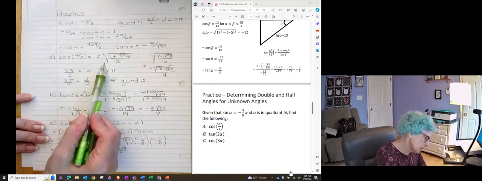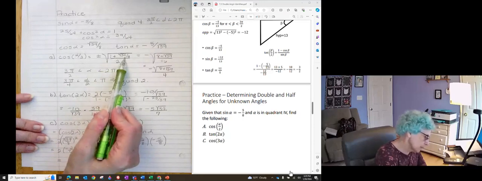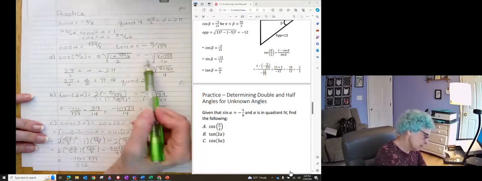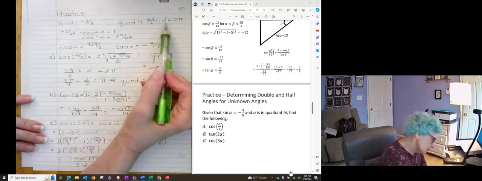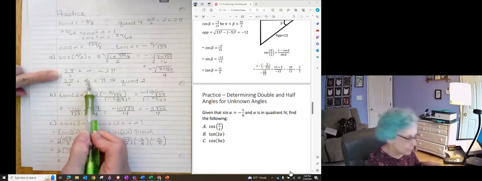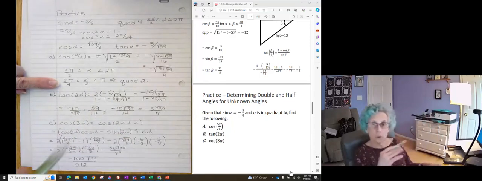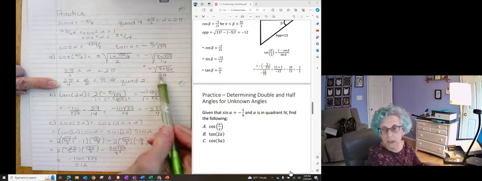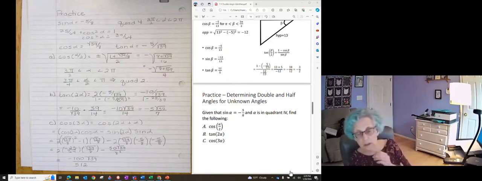Cosine of alpha over 2 is plus or minus the square root of 1 plus the cosine of alpha, divided by 2. So since alpha over 2 lives between 3 pi over 4 and pi, we're in quadrant 2, so my cosine needs to be negative, and I did some manipulation there to get it to look a little bit prettier.